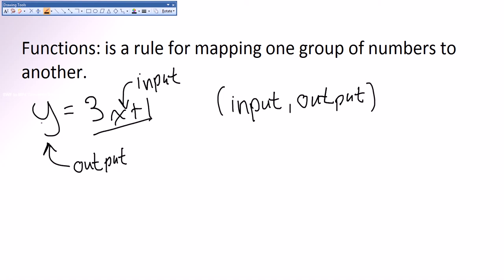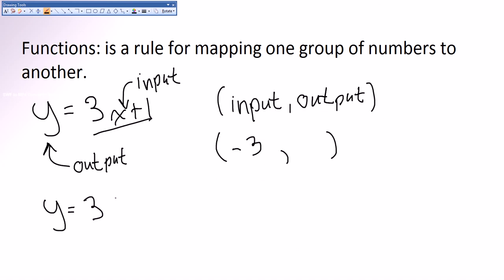So let's take an example here. If I'm using this function, y is equal to 3x plus 1, and I use the input -3, what output will I get? So pause the video and try substituting in -3 into x here. Let's see what value we're going to get for our output if I let x be equal to -3.